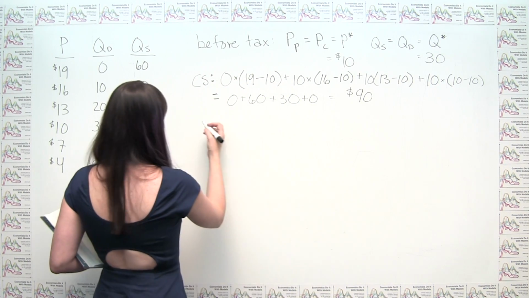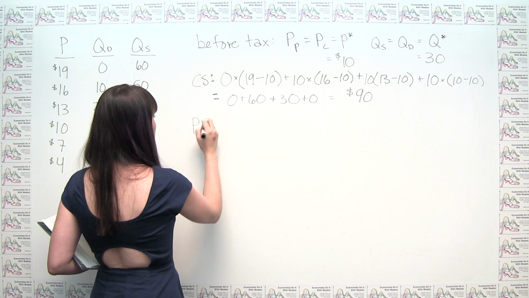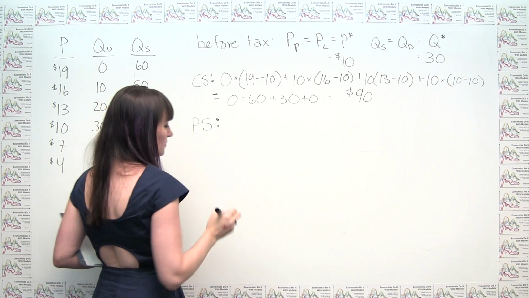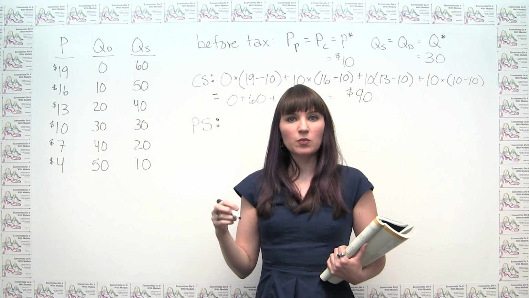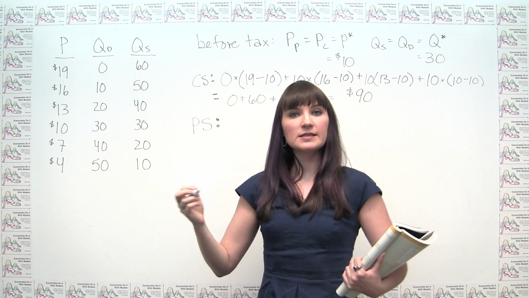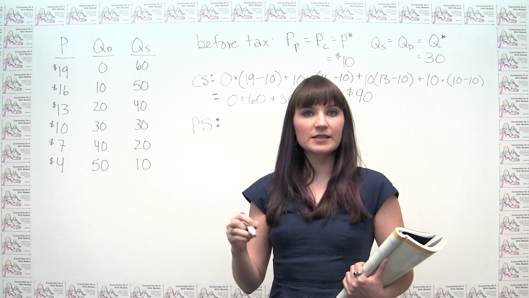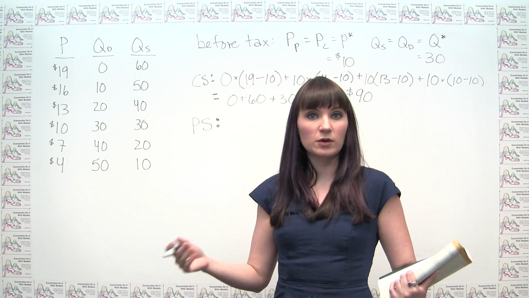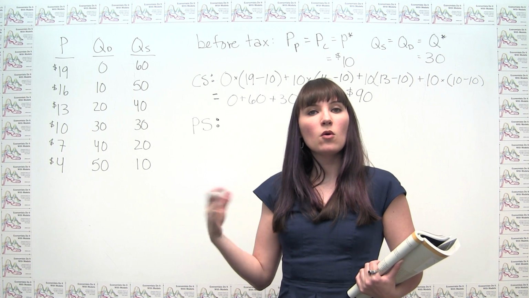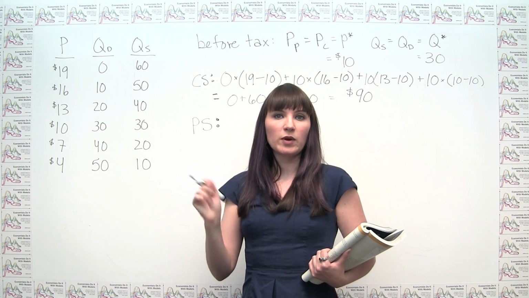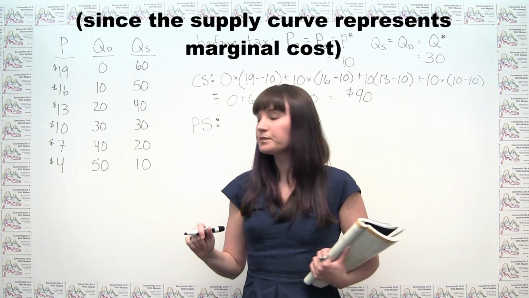So we can think about here, well, again, we have producer surplus. And producer surplus is just the amount by which the price that the producer actually receives exceeds the minimum that the producer would have sold at, or the actual price minus willingness to sell, or, as we'll see, the actual price minus marginal cost.